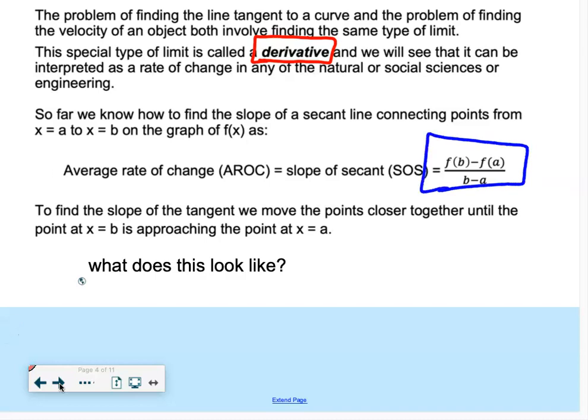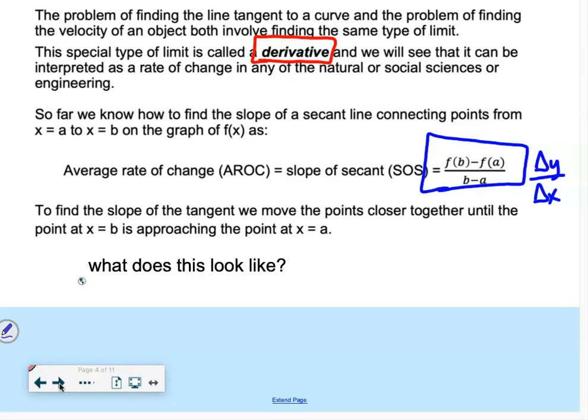Now, this formula is just fancy talk for change in y over change in x, right? If you're going from a to b on your x, then your change in y would be f of b minus f of a, and your change in x would be b minus a. Now that you are in calculus, I want you to think of slope no longer as change in y over change in x.